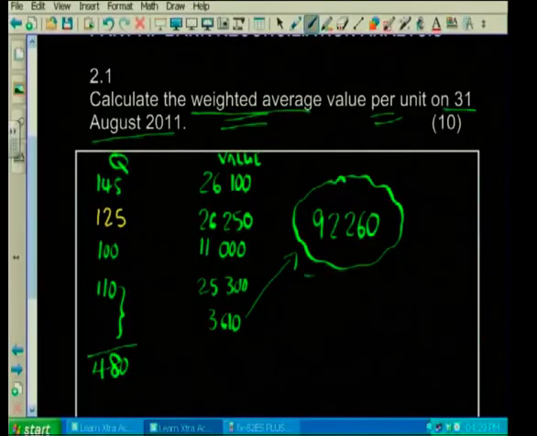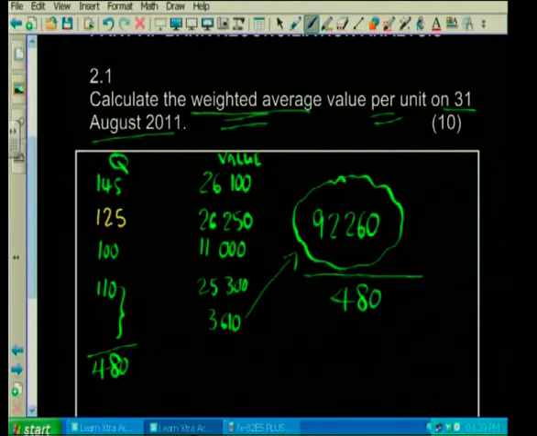Clear? Okay. What did the question say? Calculate the weighted average per unit on the 31st of August 2011. How am I going to do that? Take your 92,260, divide it by 480.